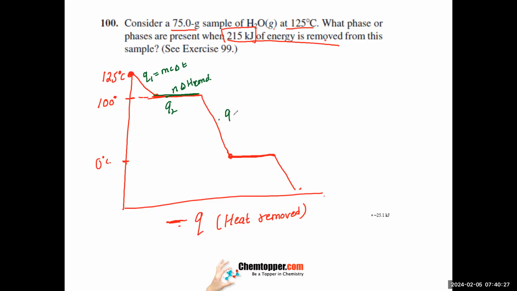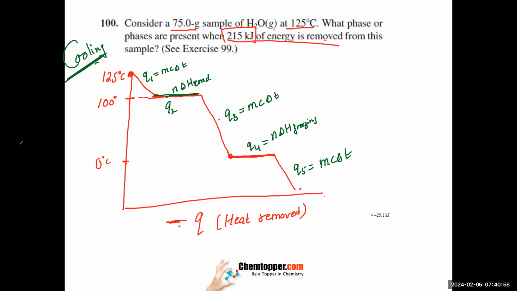You're going to calculate Q3, which is mcΔT. You're going to calculate Q4, which is n times ΔH of freezing. Reverse process, cooling, cooling. And then Q5, mcΔT again.